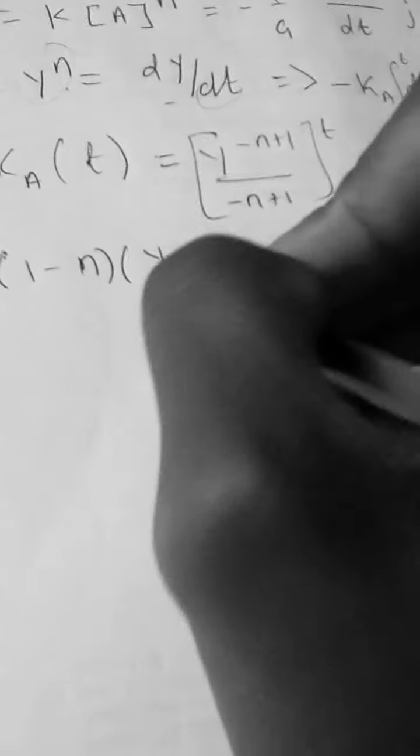Alright, so what I could do now is this. This is just basic algebra. I could multiply everything by (1 minus n) times y_0^(n-1). So I multiply both sides of the equation by this.